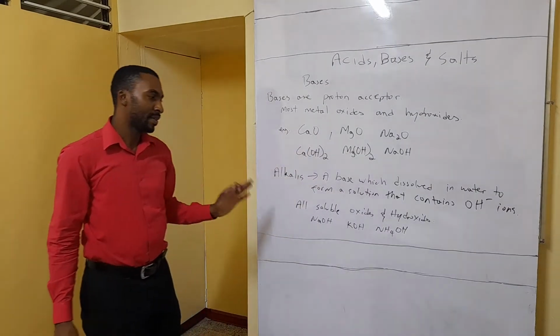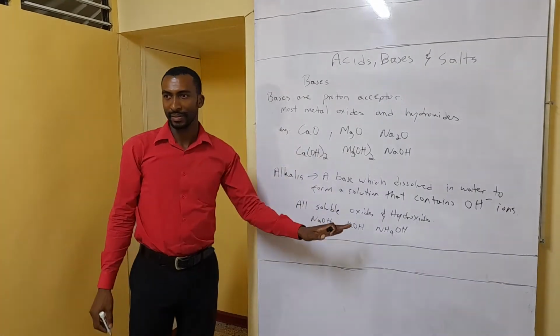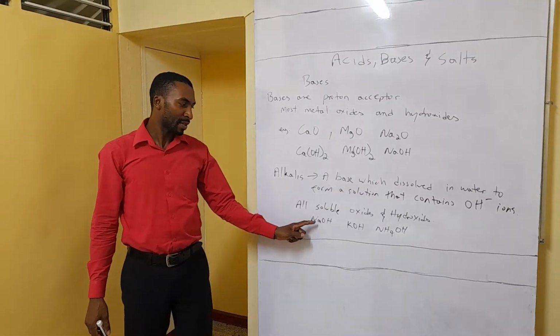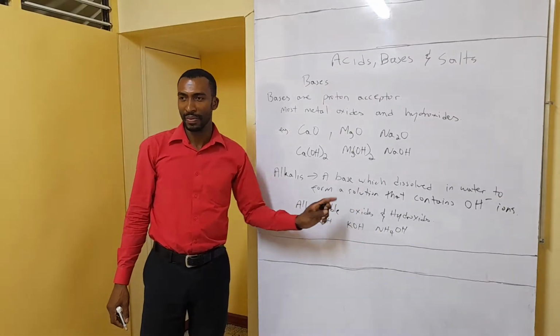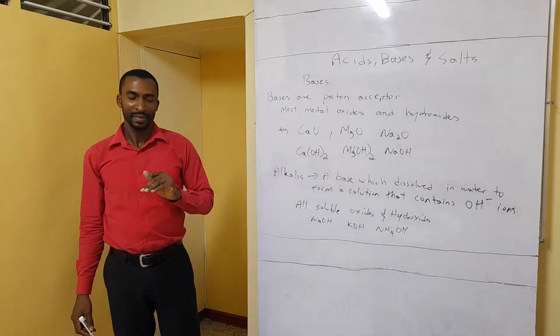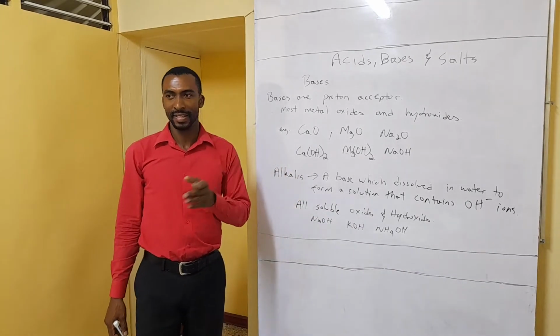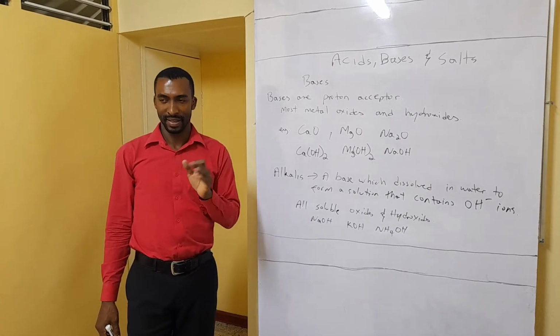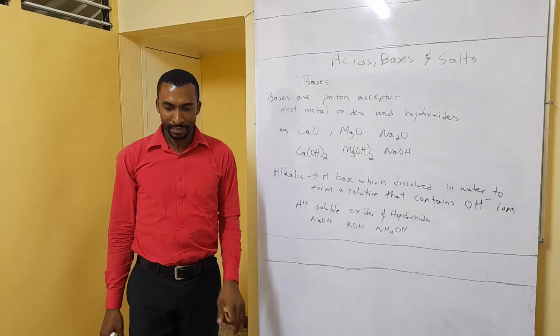Remember that all sodium, potassium, and ammonium compounds are soluble. So even though oxides and hydroxides tend to be insoluble, the sodium, potassium, and ammonium hydroxides are all soluble. They are exceptions.